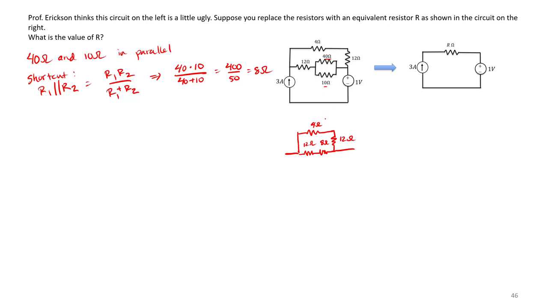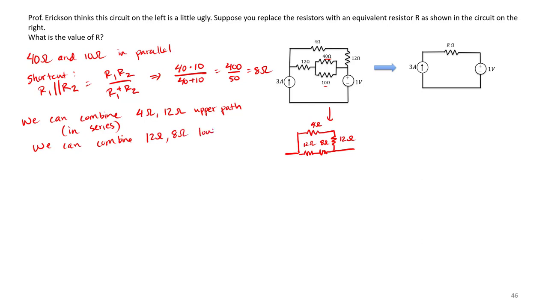So notice that after getting rid of those two parallel resistors and replacing with the 8 ohm, we can now combine the 4 ohm and 12 ohm on the upper path because those are in series. And we can combine the 12 ohm and the 8 ohm in the lower path because those two are also in series.